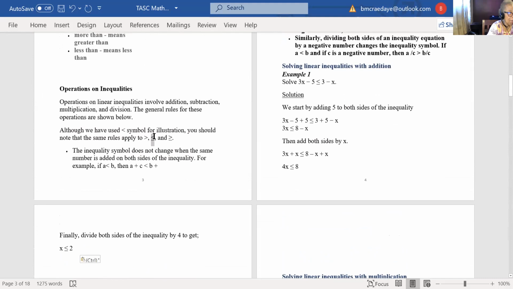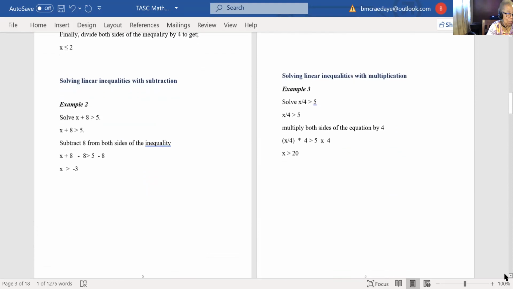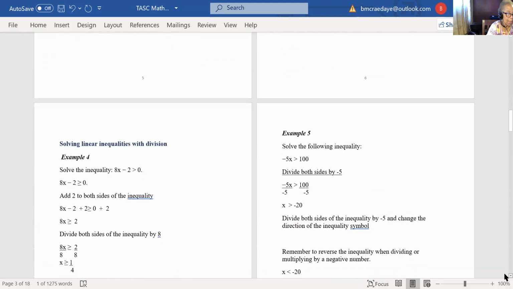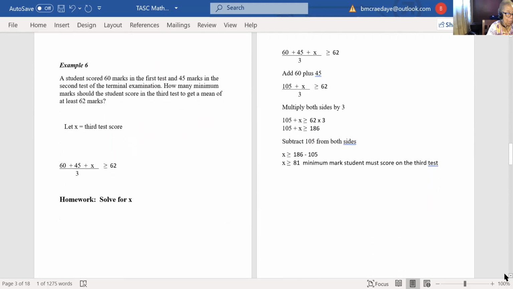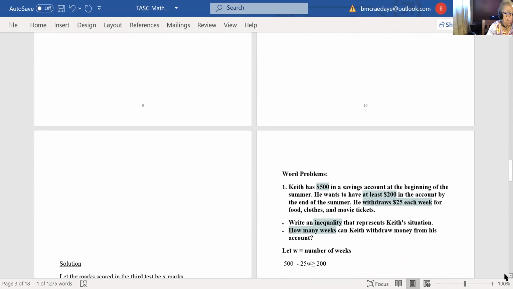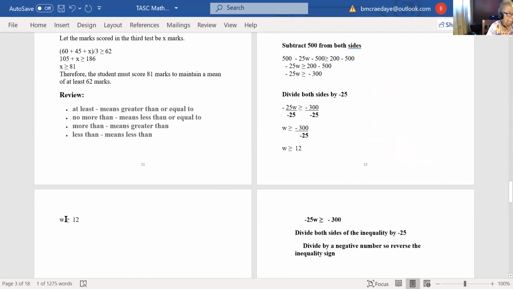Here we go. So we just copy that less than or equals sign. And then what would that say in words? When we put that in words, what would that say? Maureen, what would that say in words? Let's put a less than. So we reverse the sign. The number of weeks is less than or equal to 12.